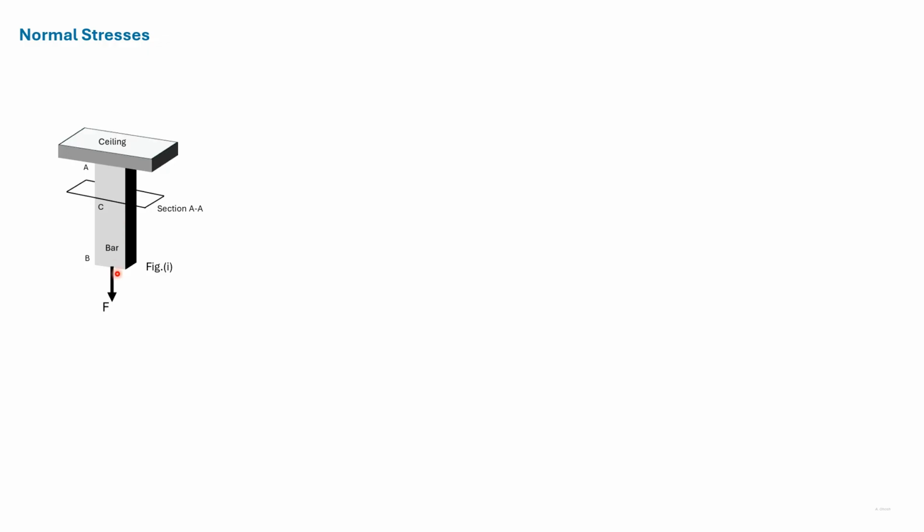EC will be in equilibrium due to a force F and another force F acting in the opposite direction due to BC. AC will be in equilibrium due to a force from the ceiling and due to a force due to BC.